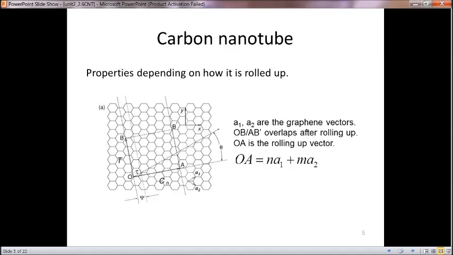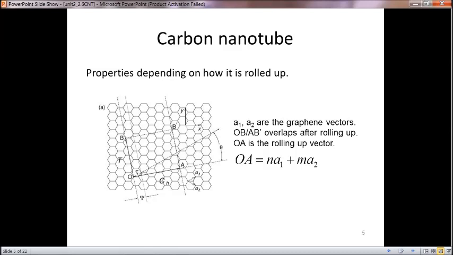It can be placed over a surface, and all the dimensions have to be noted, so these are all taken as vectors. A1 and A2 here are the graphene vectors we take, and here we have taken one reference point, with two lines along the A1 and A2 directions as A and B.